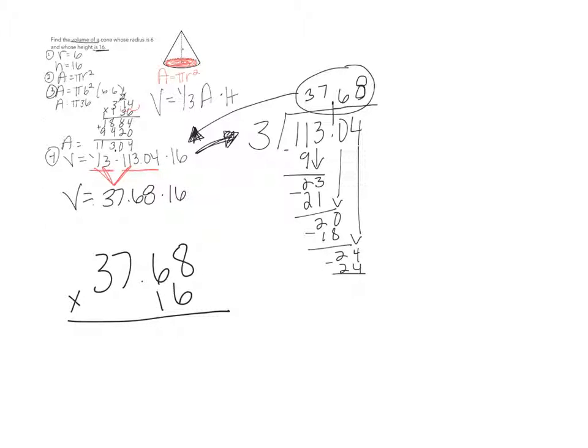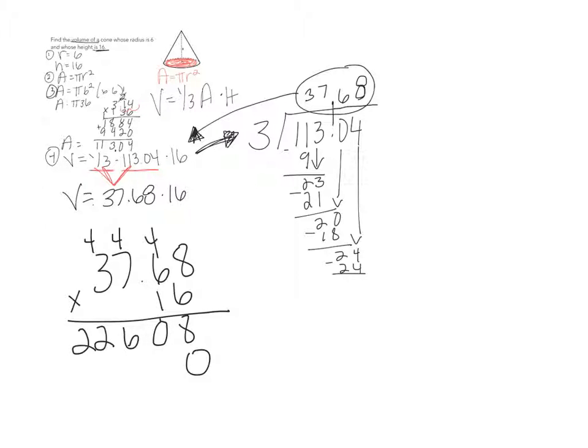So we have 6 times 8, that's 48. 6 times 6, that's 36, plus 4 brings us to 40. 6 times 7, that's 42, plus 4 is 46. 6 times 3, that's 18, plus 4 will take us to 22. Let's remember our placeholder, and then we have our next tens place to multiply.